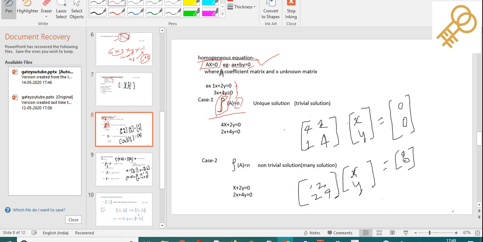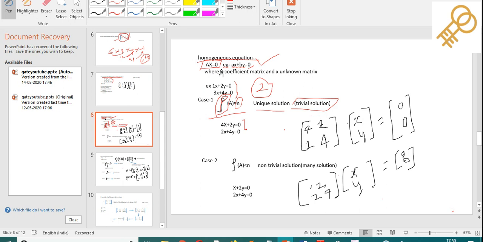In the given equations you get two variables, x and y, that is your n. If the rank of the matrix A is equal to the number of variables, then you will get a unique solution, and sometimes it is called the trivial solution.